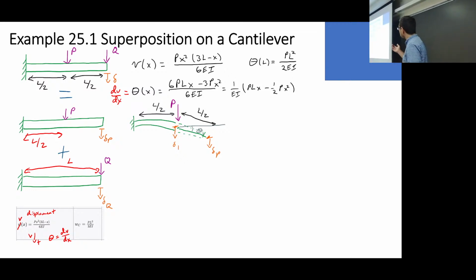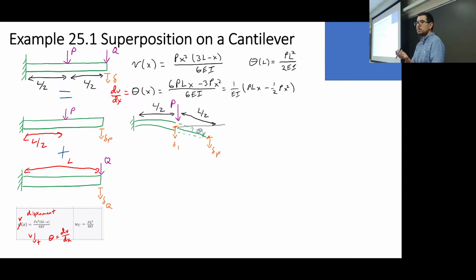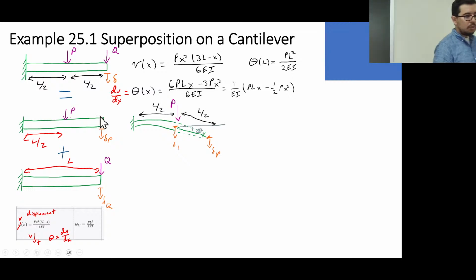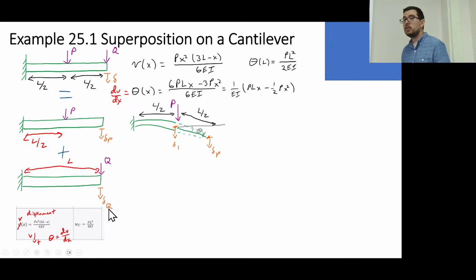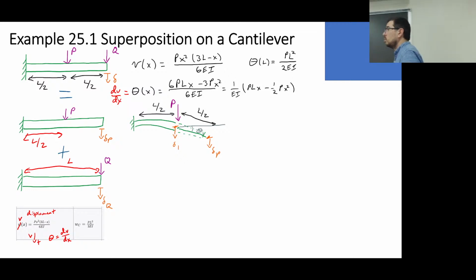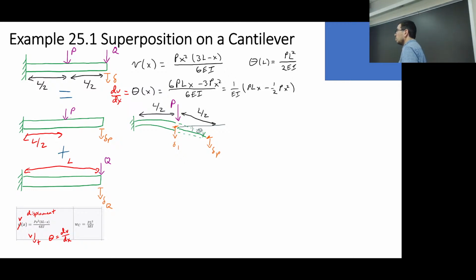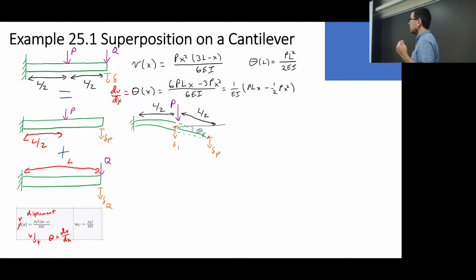Now, which is going to have more displacement? At least when I say which, I mean, do you think delta 1, assuming P and Q were the same, all right, I had to make that assumption, I guess. If P and Q were the same, would delta 1 over here or delta Q over here have more displacement? What do you think, Josh?